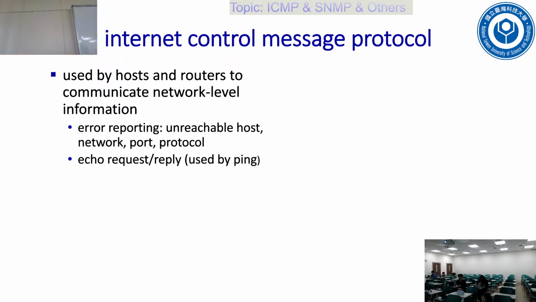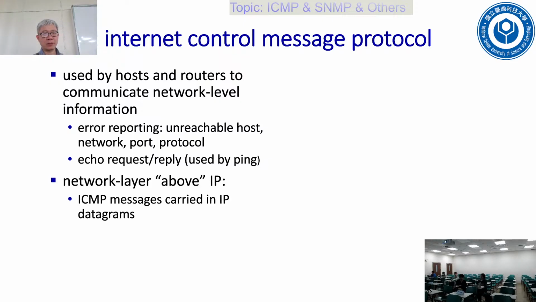It will be used by hosts and routers to communicate network layer information, specifically error reporting, echoes, and so on. ICMP is a network layer protocol above IP, so it will be carried in the IP datagrams.